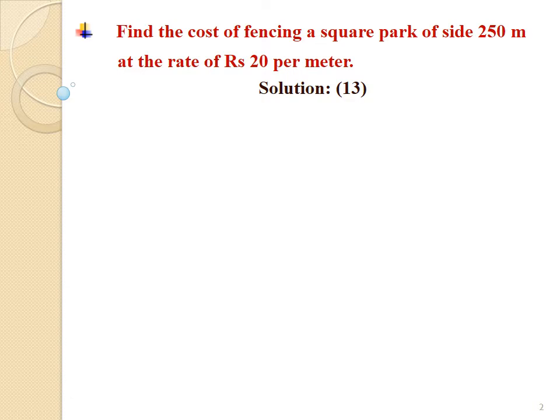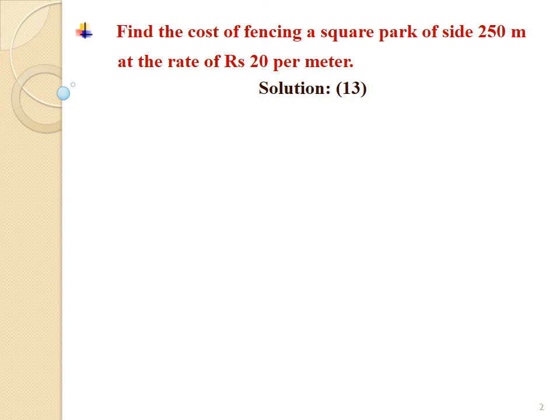Note that we have to find the perimeter and not the area of the square park, because the cost is given at the rate of rupees 20 per meter and not per square meter. So we have to find the perimeter.